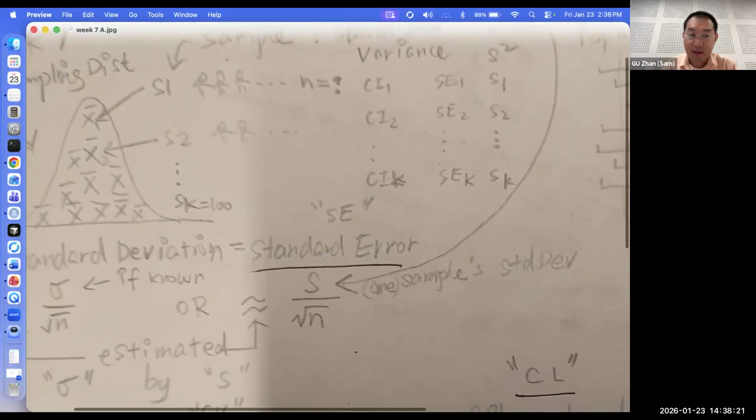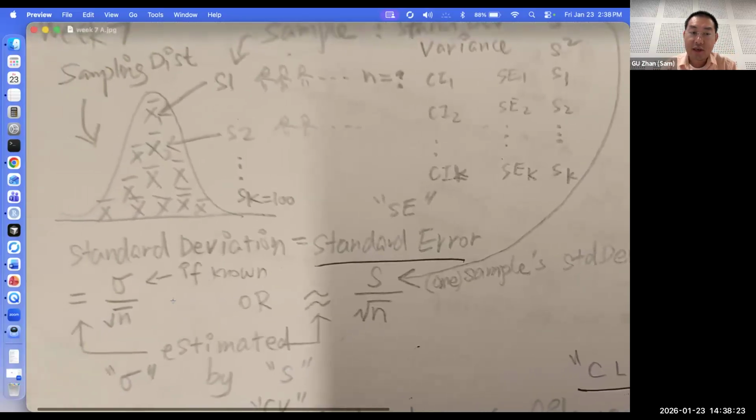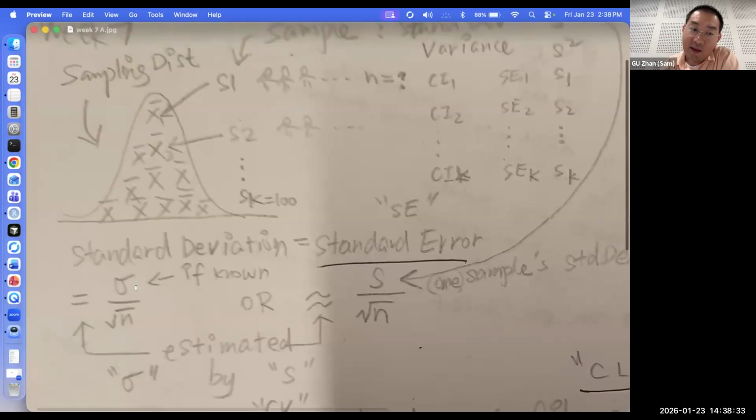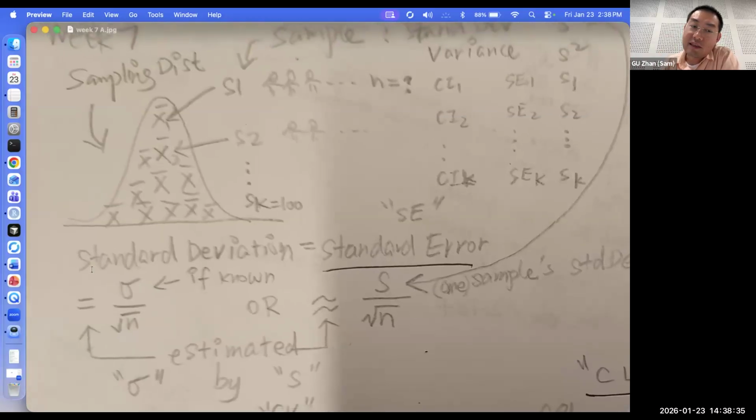If the population standard deviation or variance is already known to you, in the question or in the real world, then theoretically the standard deviation of the sampling distribution can be calculated as the standard deviation divided by the square root of n.